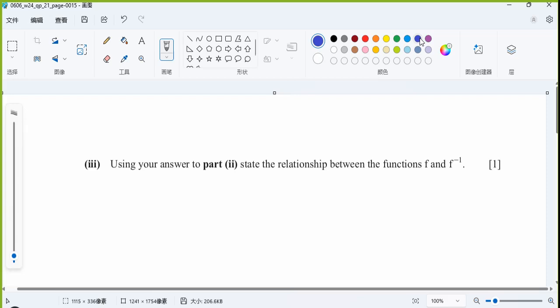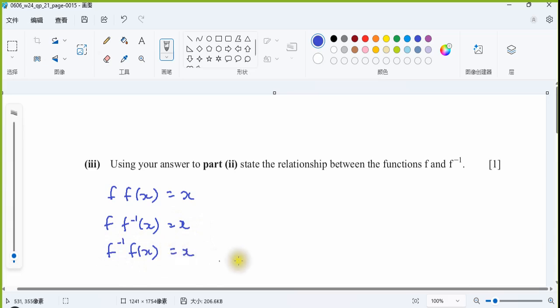Using your answer to part 1, state the relationship between f and f inverse. So we have f of f(x) is equal to x, and we know that f inverse of f(x) is x.